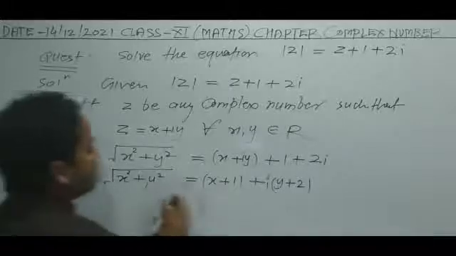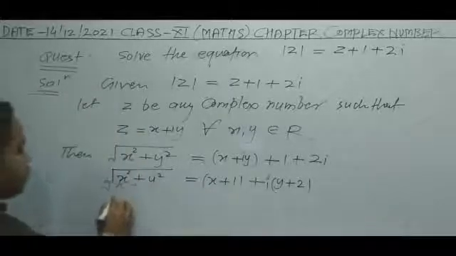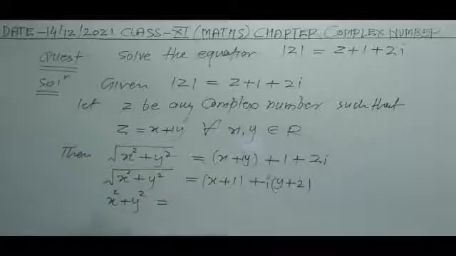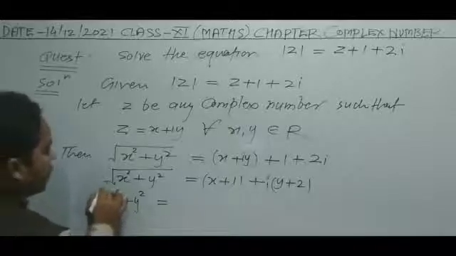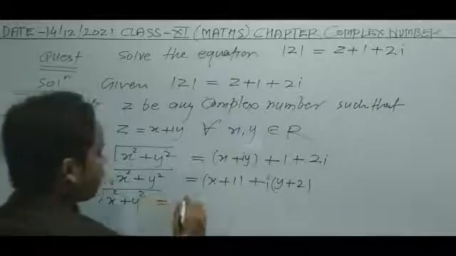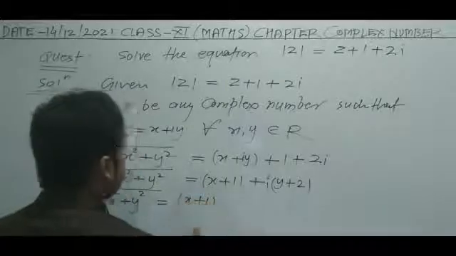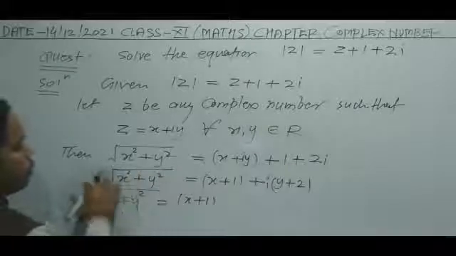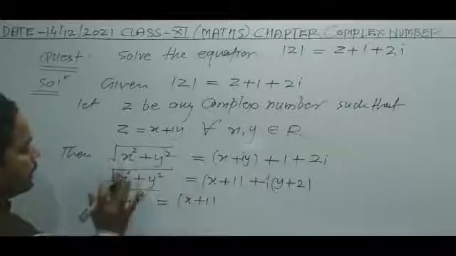Now squaring both sides, the result will be x square plus y square is equal to the square of x plus 1 plus i(y plus 2). Or without squaring, we can compare: this is the square root part, so it is always greater than or equal to 0.